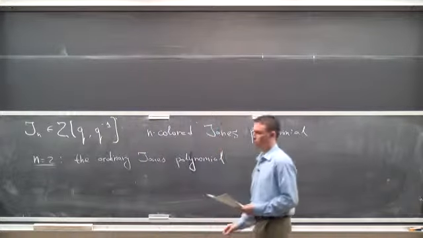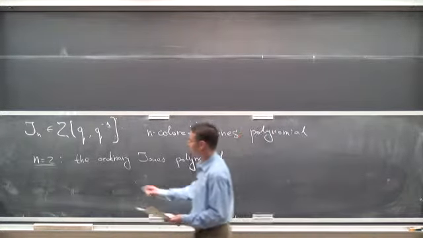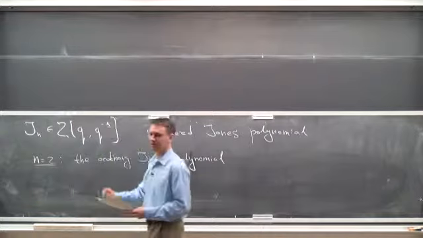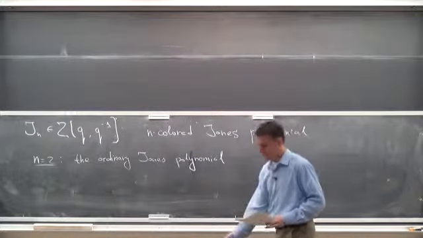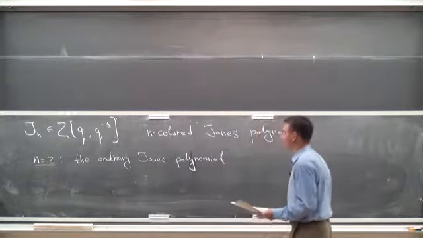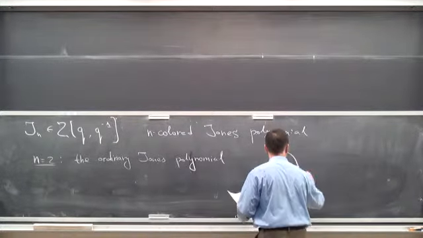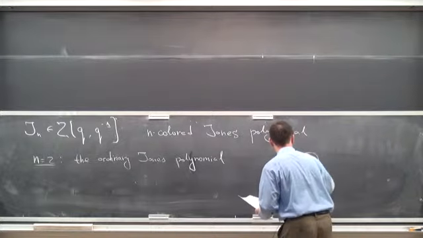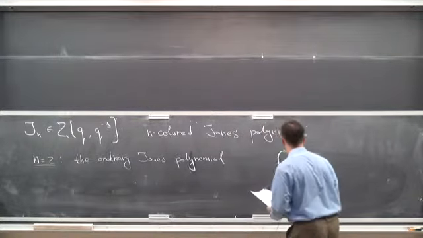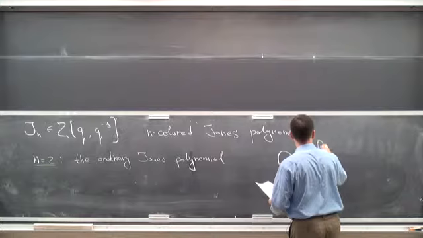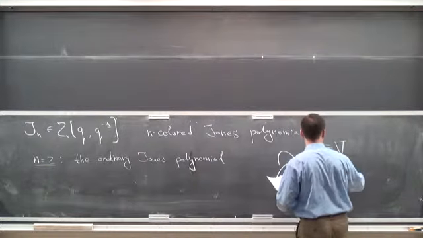And all higher values of n, little n, not to be confused with capital N, which I used in the first lecture, are certain generalizations which start with the same knot, but colored, decorated with additional data of an n-dimensional representation of SL2.